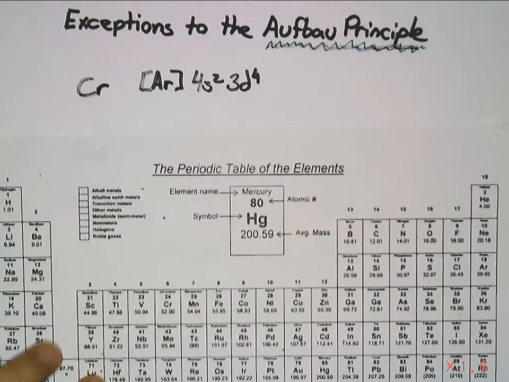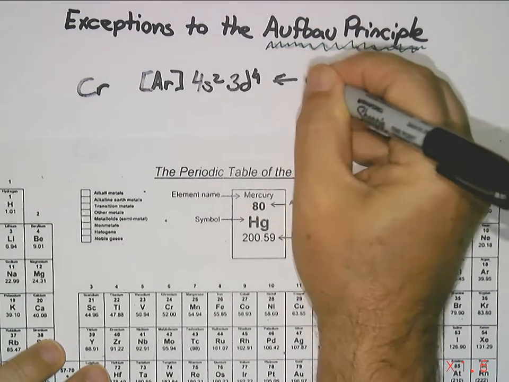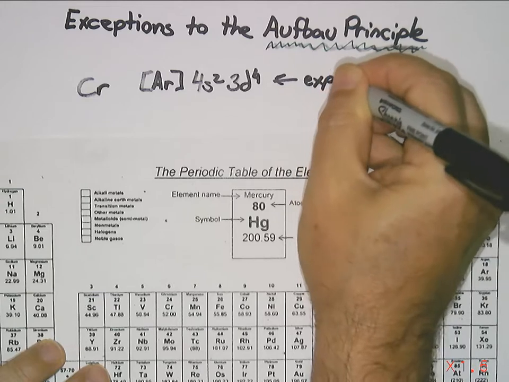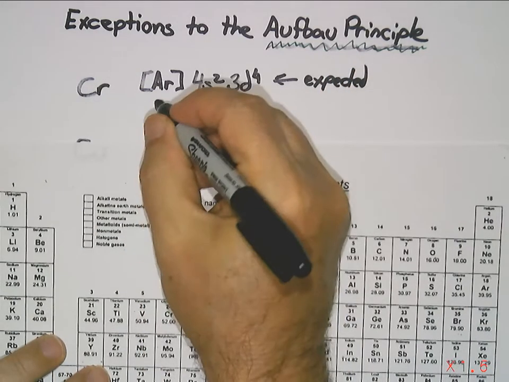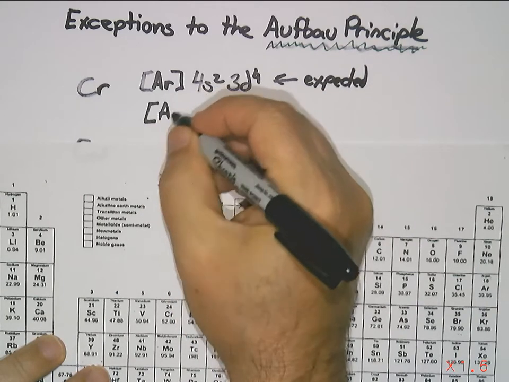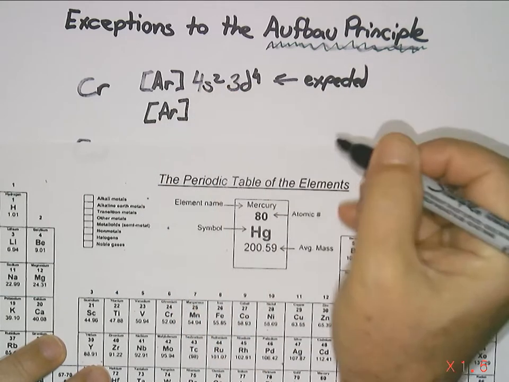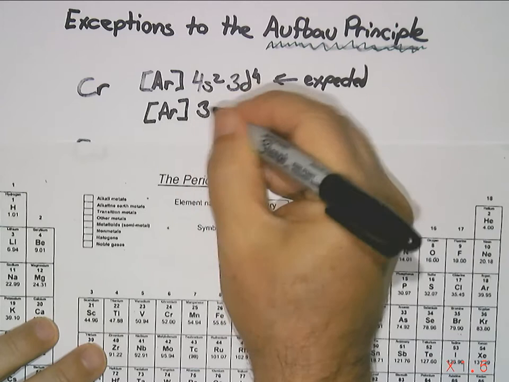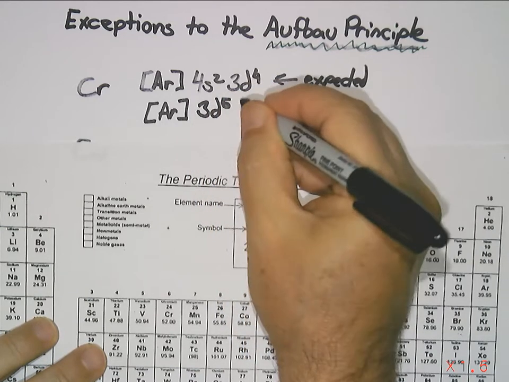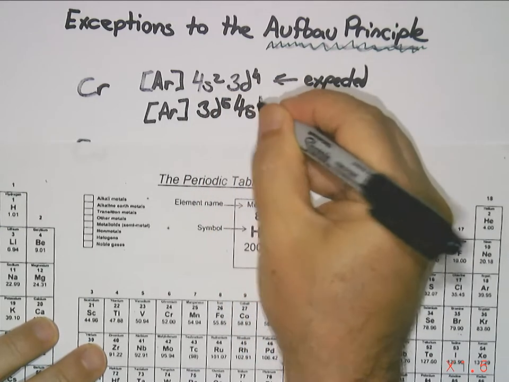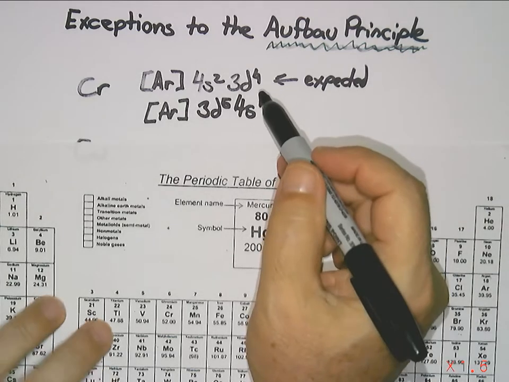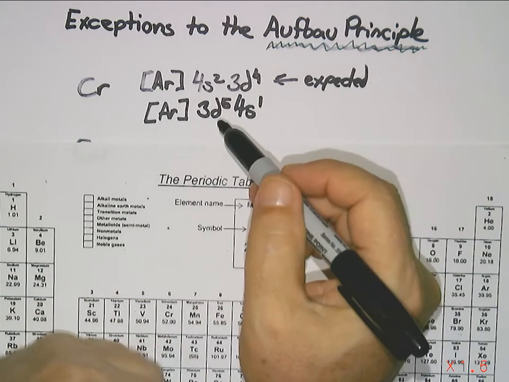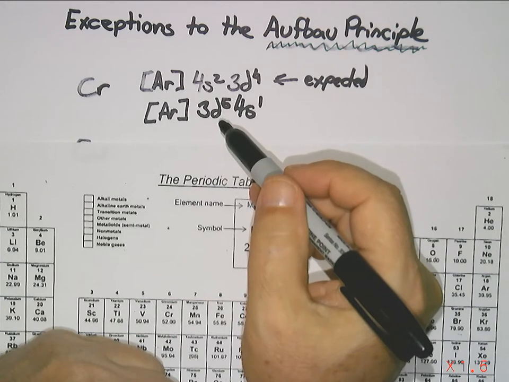Now, the actual configuration looks like this, and I'm going to put it in shell order. What happens is that as you put electrons into the 3d subshell, its energy gets lowered.